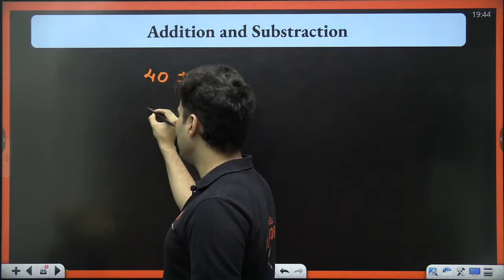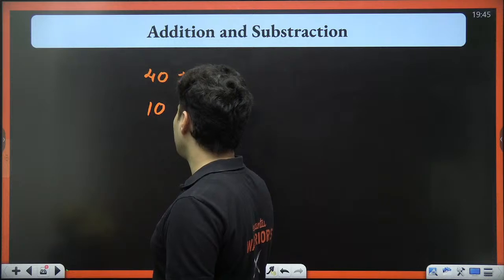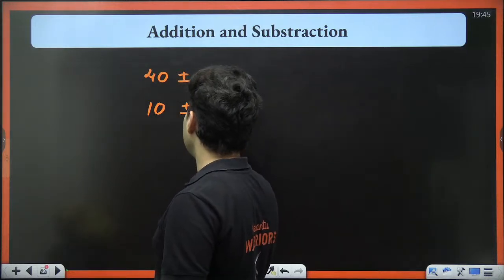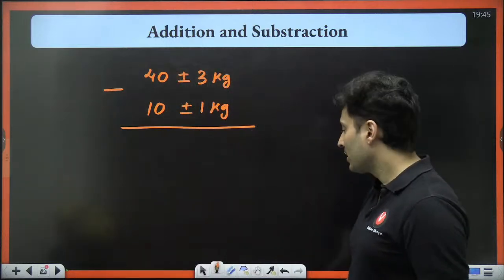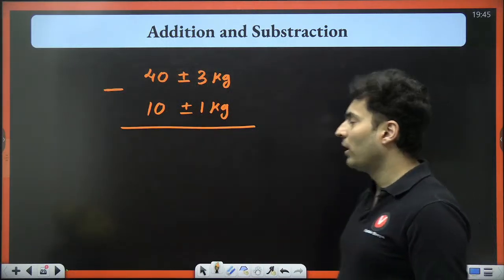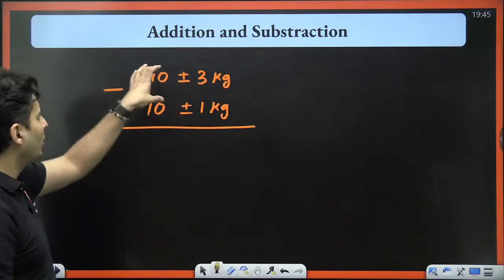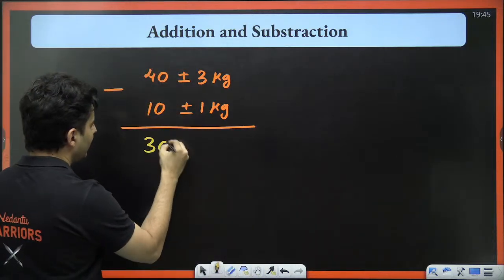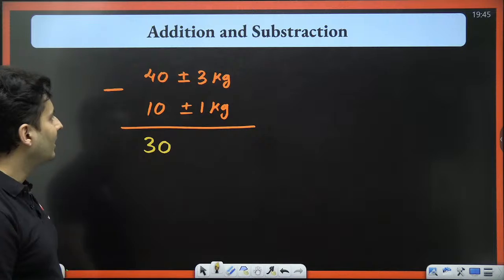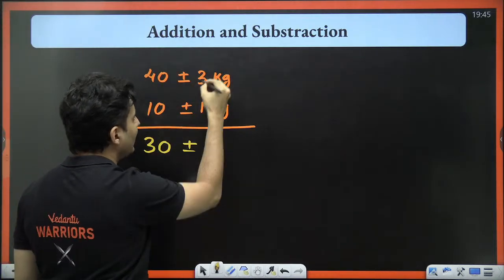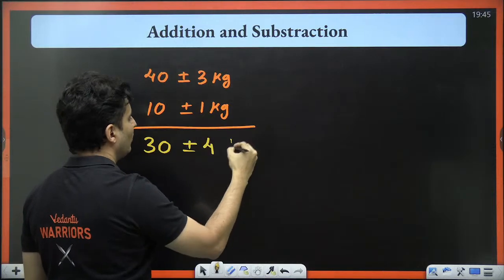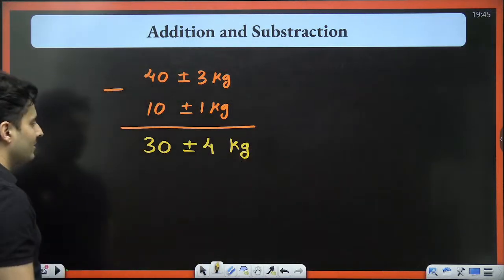And somebody tells you there is also 10 kg of mass plus or minus 1 kg. You subtract these two. Now what will you do? You subtract normally, 40 minus 10, 30. There is no problem with that. But here, do not subtract the errors, always add. This will still be 3 plus 1, which is plus minus 4 kg. That is your final answer.